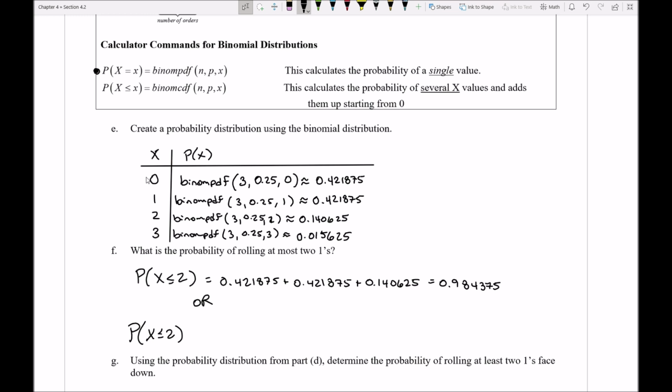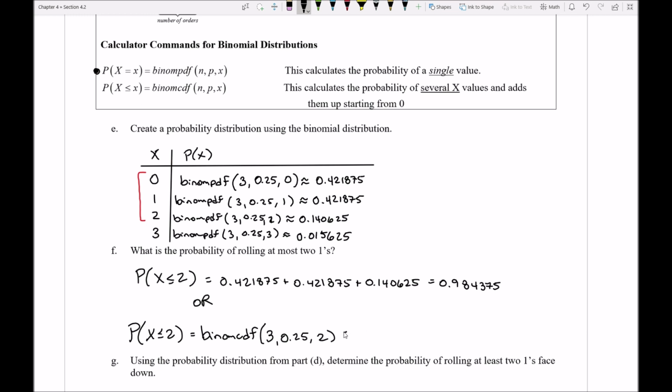But it starts by calculating the probability at 0 and then adding it to the probability of 1 and adding it to the probability of 2 and all the way down until you specify a stopping point. So notice here, since I'm interested in grabbing the probabilities 0 through 2, I could easily tell the binom CDF command that I'm working in a scenario where n is 3, where p is 0.25, and where I'm interested in stopping at the value of 2.